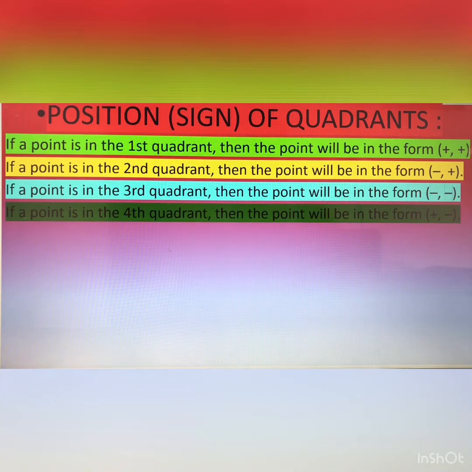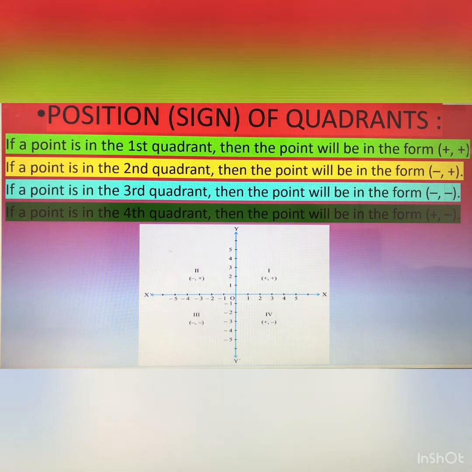And if a point is in the fourth quadrant, then the point will be in the form of plus and minus, means first coordinate will be positive and second coordinate will be negative, as you see in the diagram. So the first quadrant is plus plus, the second is minus plus, the third both are negative, and the fourth plus and minus.